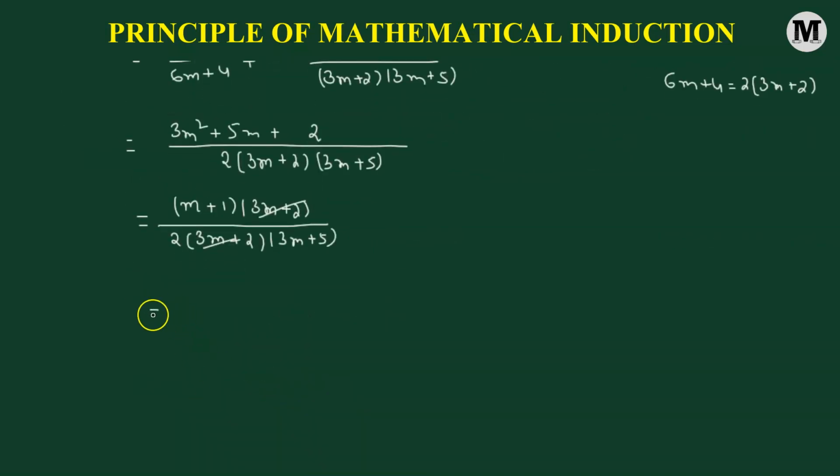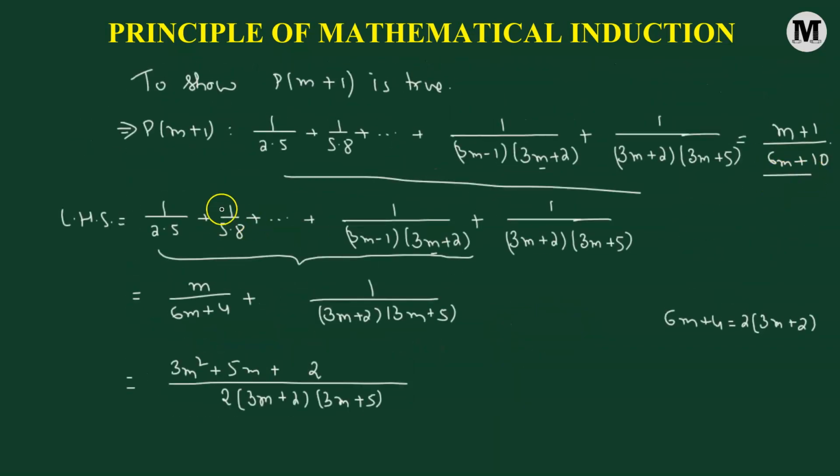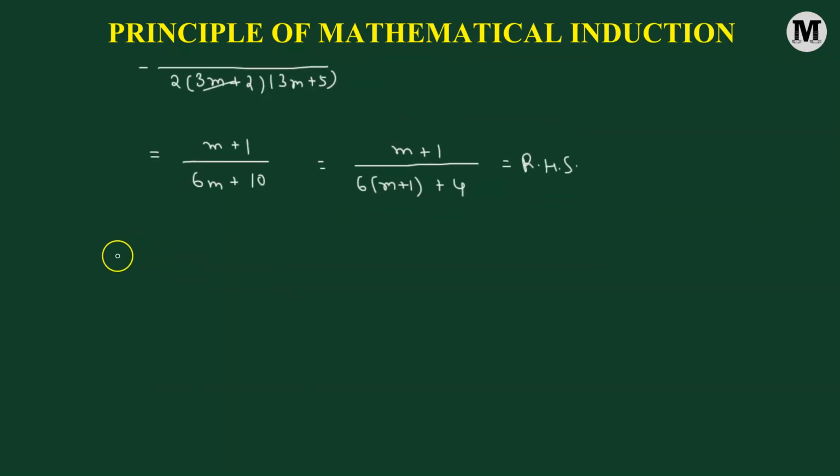That leaves us with m plus 1 in the numerator, and in the denominator we have 2 multiplied by 3m plus 5, which is simply 6 times m plus 10. Or we can say we have m plus 1 divided by 6 multiplied by m plus 1, added to 4, which is the expression on the right hand side. This is what we needed to show. So P of m plus 1 is also coming out to be a true statement. Since the left hand side equals the right hand side, this implies that P of m plus 1 is true.